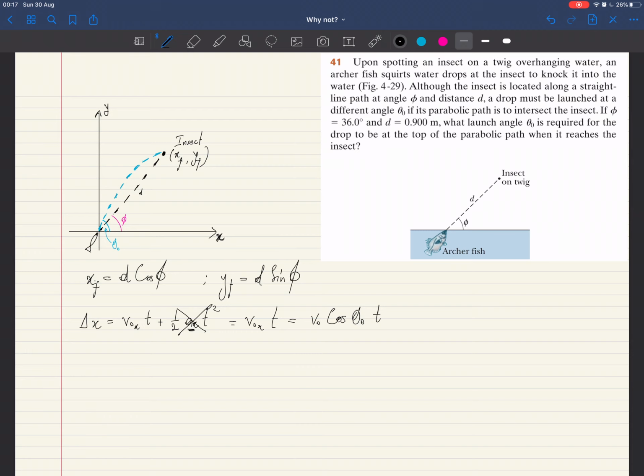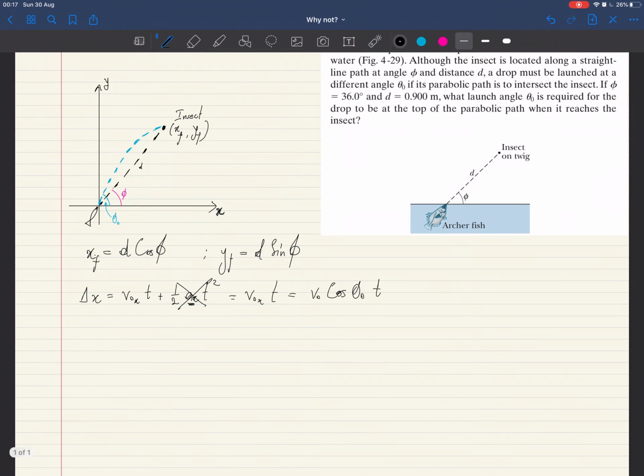And the analysis in the other dimension, this is delta y. This is going to be v0y t plus half ay t squared, which can be further written as v0 sine theta 0 t, where again theta 0 is the angle of launch, plus half ay t squared.